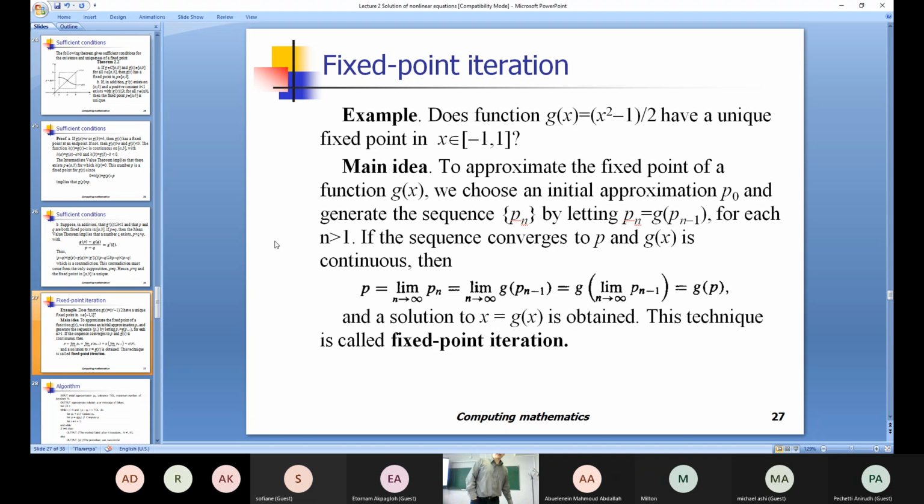And now let's consider the main idea of the fixed point iteration method. The question is how to find a fixed point of a function. We have a function g of x, and we are going to find a fixed point, such a point p that g of p equals p.